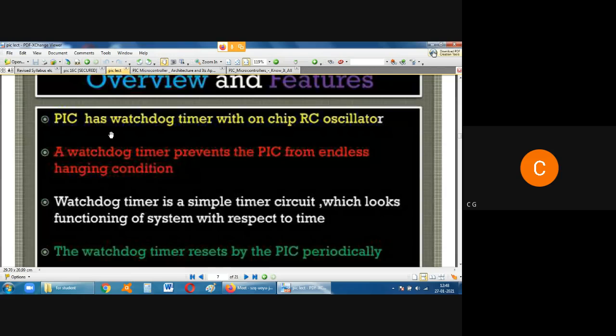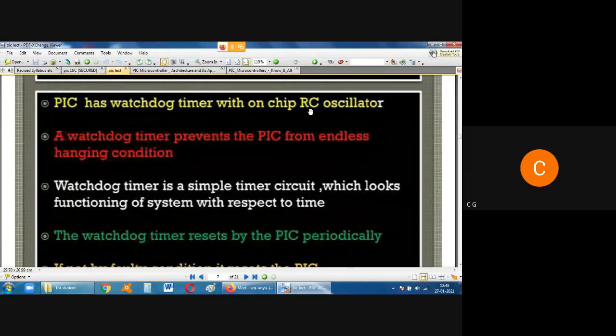The PIC has a watchdog timer that we have seen earlier also, with the on-chip RC oscillator. Okay, so the resistor and the capacitors are fabricated on the IC itself. It's simple. All the FETs have both things, which makes a field effect transistor.